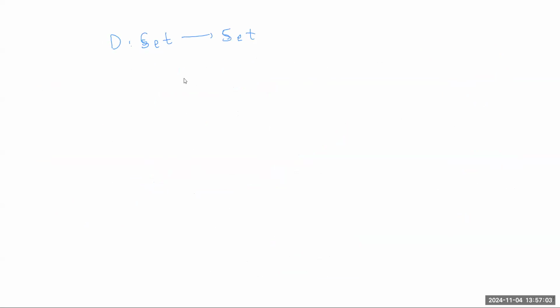This is more than a functor because it's equipped with units, like for every set X, we have a map from X to DX. This map is called delta.